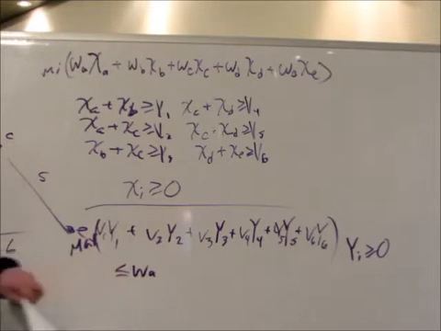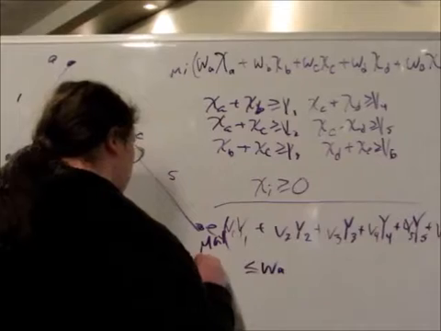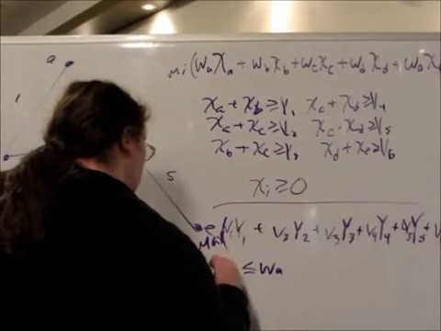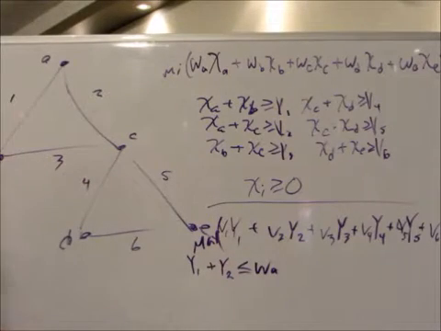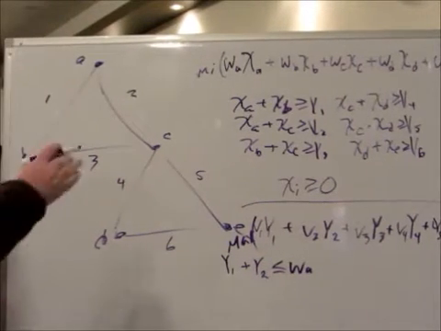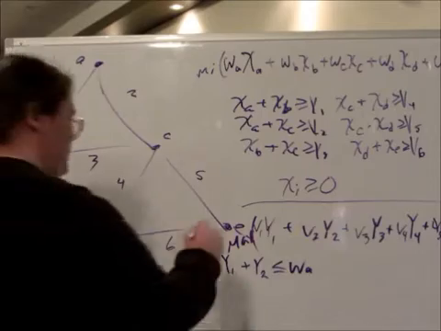So why don't I include every edge that's adjacent to that vertice? So for A, I got edges 1 and 2. So I'll say this has to be less than y1 plus y2.